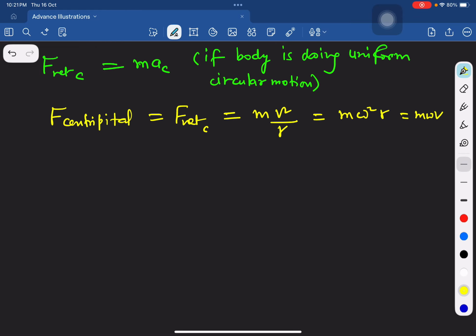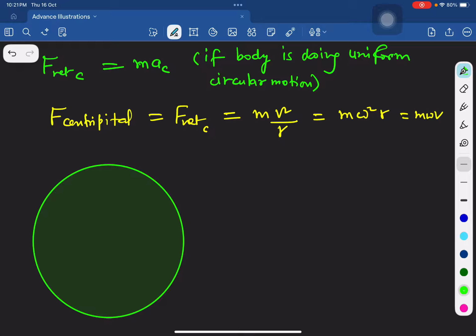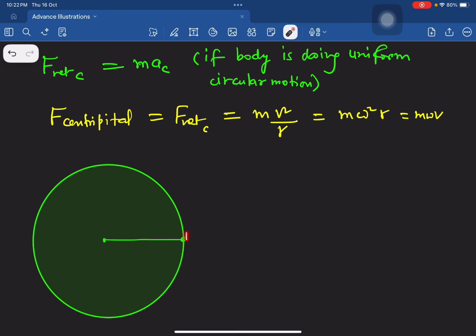Now suppose you are performing a non-uniform circular motion. What does non-uniform circular motion mean?